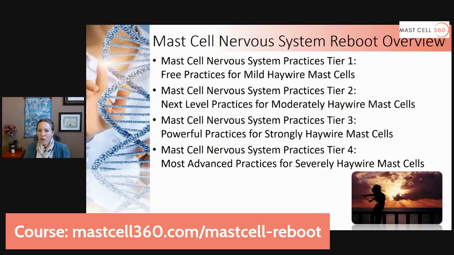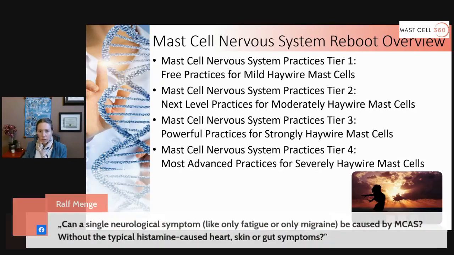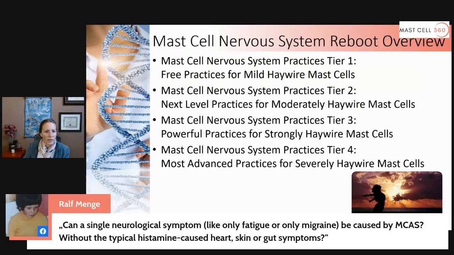Let's see, I'm looking for questions that are about the mast cell nervous system connection. Ralph was asking, can a single neurological connection be caused by MCAS? It's possible, I can't say for certain, but MCAS does affect at least 2 systems.